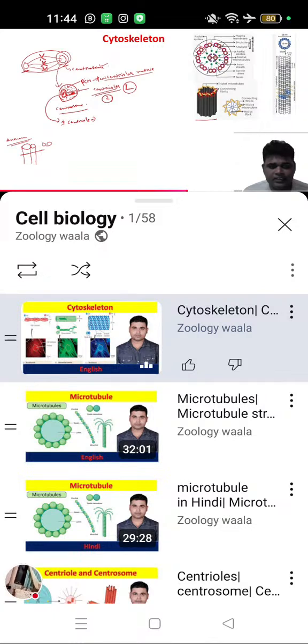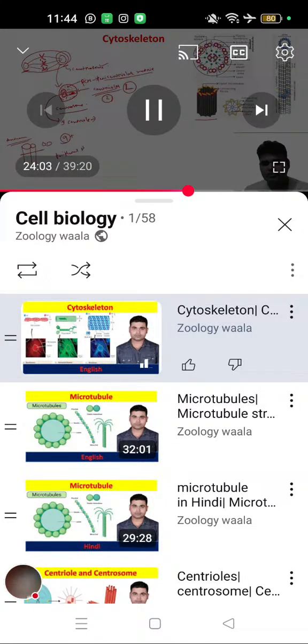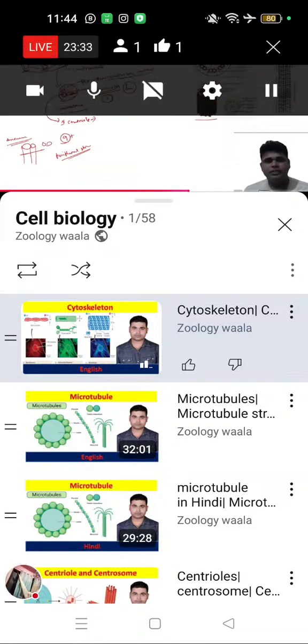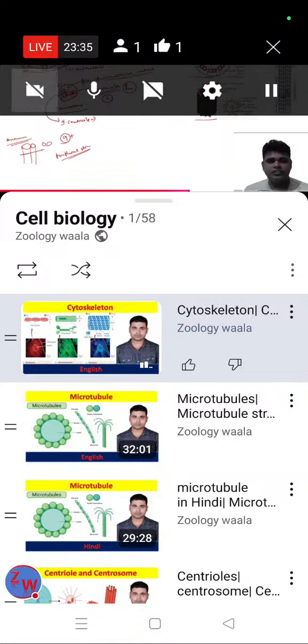Just like that, 9 peripheral structures are present. So this is the axoneme structure.